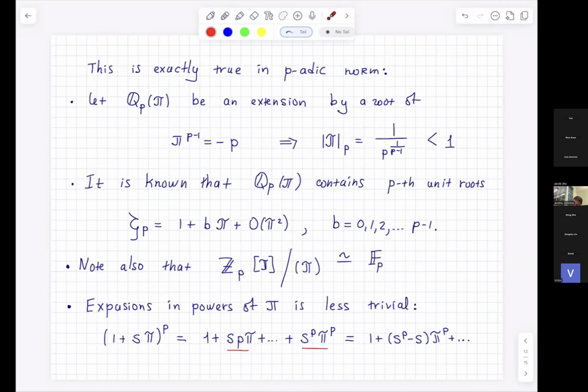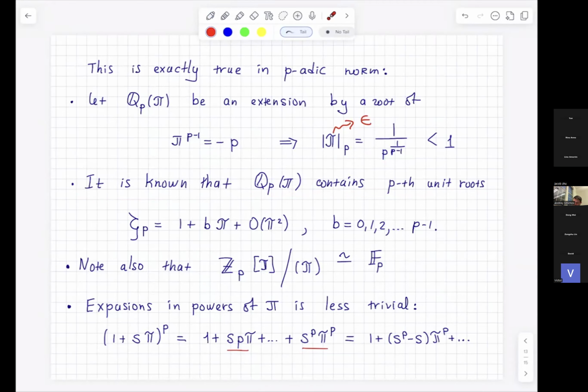So this parameter is going to be something close to my parameter epsilon in the cohomological limit. It is known that this extension contains all pth roots of unity, and these roots of unity have the following form.